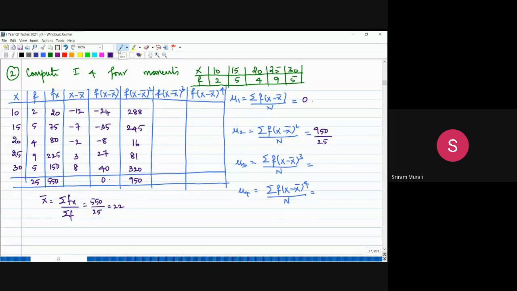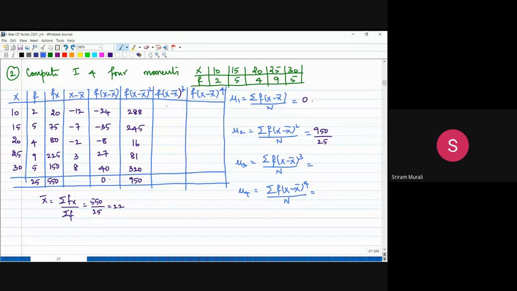X minus x bar the whole cube. What is x minus x bar the whole cube? 12 cube, minus 12 cube will be minus 1000. Sir, 12 12s are 144.